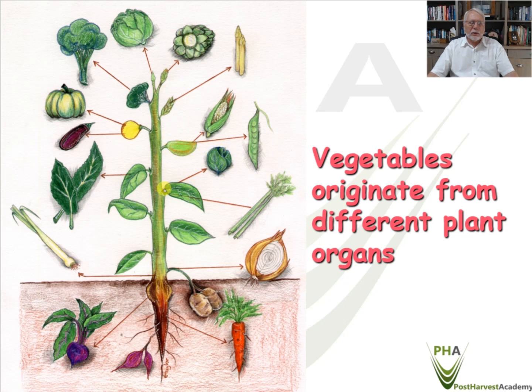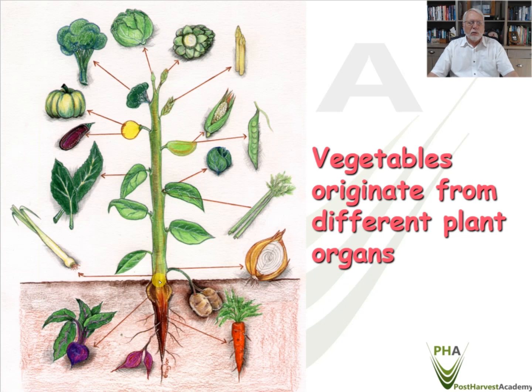The Brussels sprout develops from an axillary bud in a leaf axil. The celery stalk develops from a leaf stalk, and the onion develops from an underground bud. Potatoes are modified stems, swollen underground stems, and carrots and sweet potatoes are swollen roots.